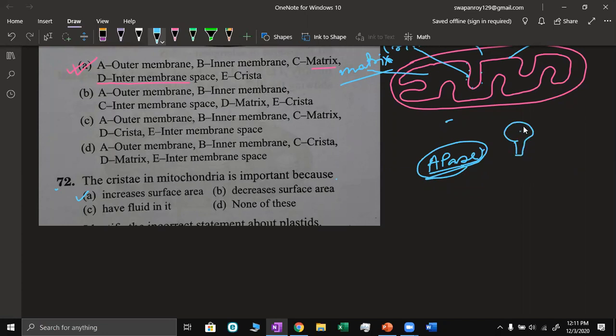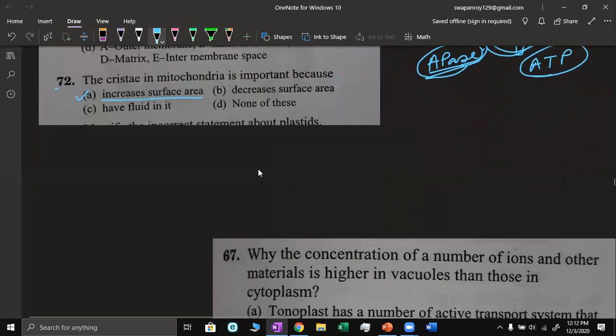So these are the sites where ATP is synthesized. The more membrane there is, the more ATPase molecules can be accommodated. So the cristae of mitochondria increase the surface area of the membrane.